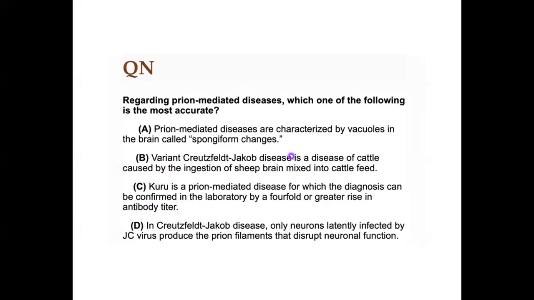Then variant CJD is a disease of cattle caused by ingestion of sheep brain mixed into cattle feed. So do we ingest sheep brain mixed into cattle feed? No. What do we ingest? Affected cow, isn't it? And then prion-mediated diseases are characterized by vacuoles in the brain called spongiform changes. Correct. So that is the answer.